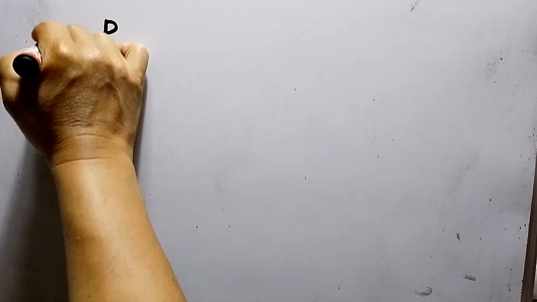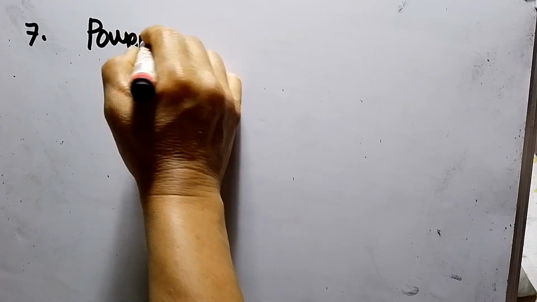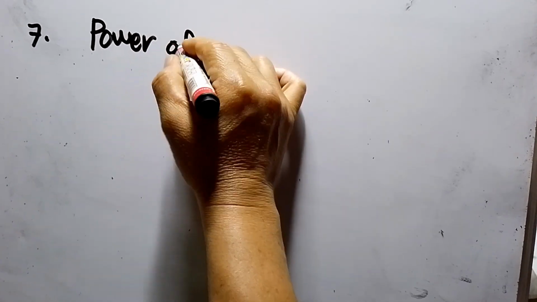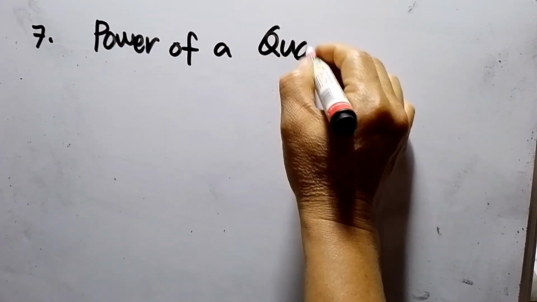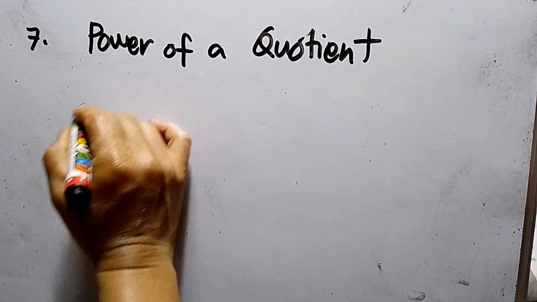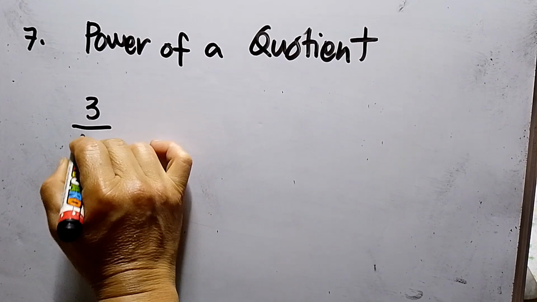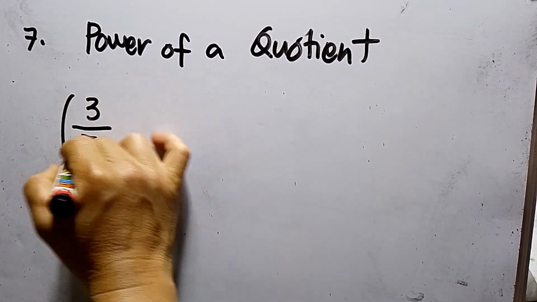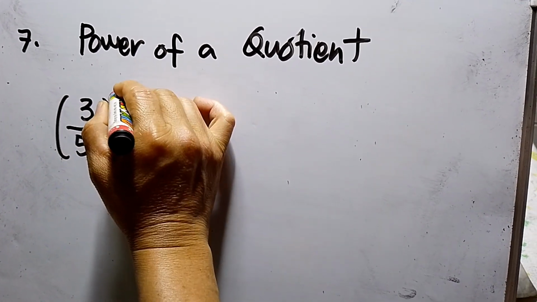Now let's go to the last law of exponent. The last law of exponent is power of a quotient. For example, 3 over 5 raised to the third power.